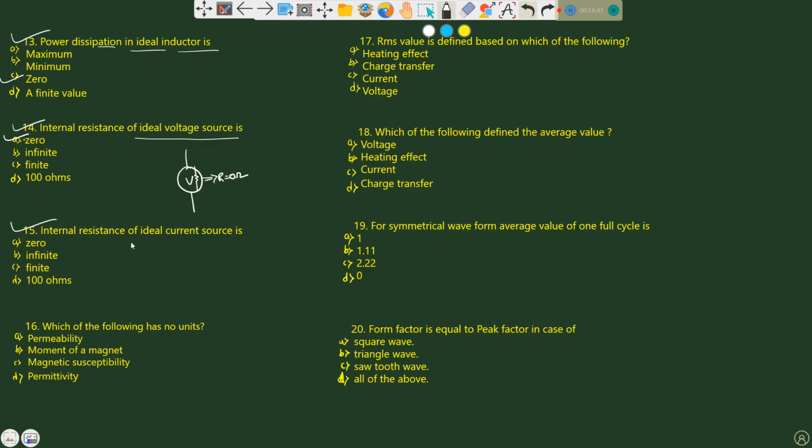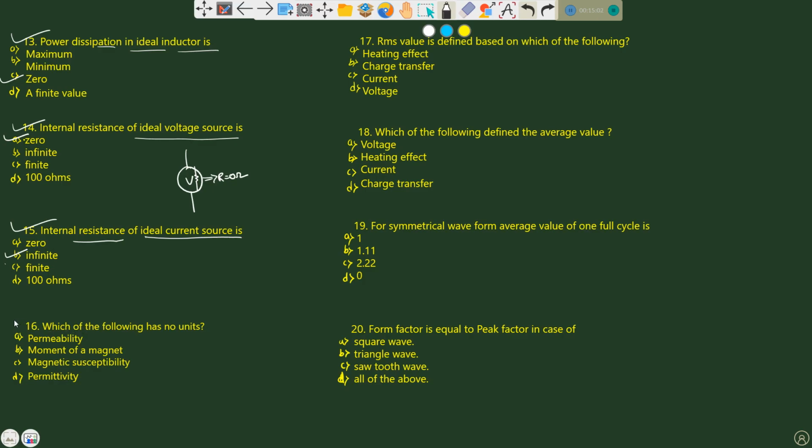Internal resistance of an ideal current source is what? Infinite. Why? Because an ideal current source will be having some high value of current, so in order to have this, it will be having infinite value of internal resistance.